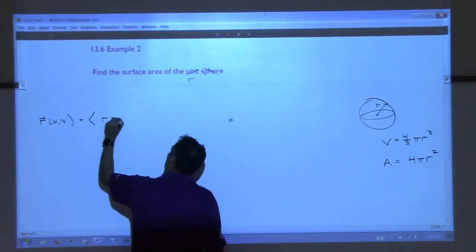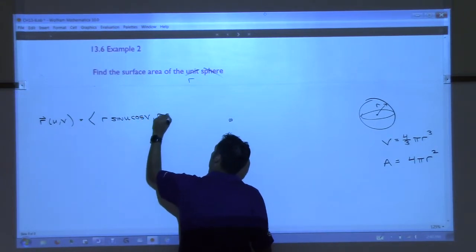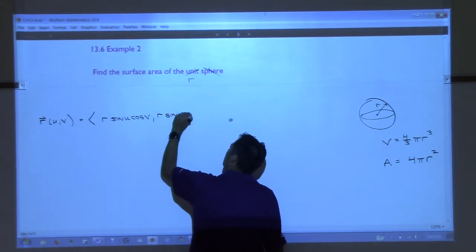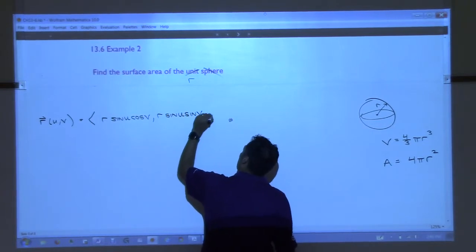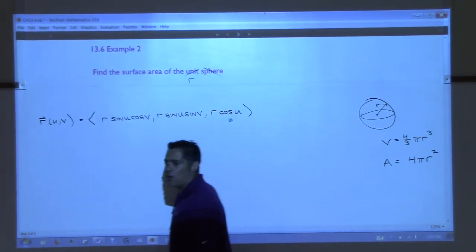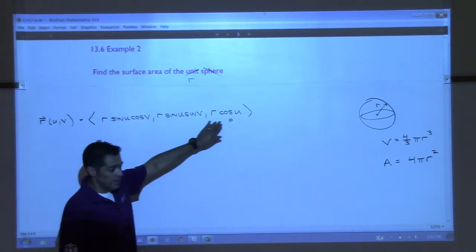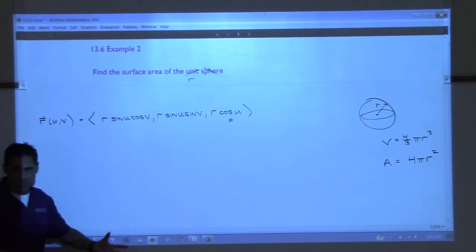I think it was sine u cosine v, and then r sine u sine v. And then the last one will be r cosine u. Does everyone understand where the r is coming from? R is like the rho was in spherical coordinates. It hasn't been there before because it was a unit sphere. Now it's a sphere of radius r.